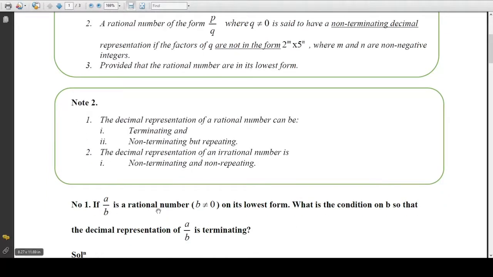If a by b is a rational number where b does not equal 0 in its lowest form, what is the condition on b so that the decimal representation of a by b is terminating?